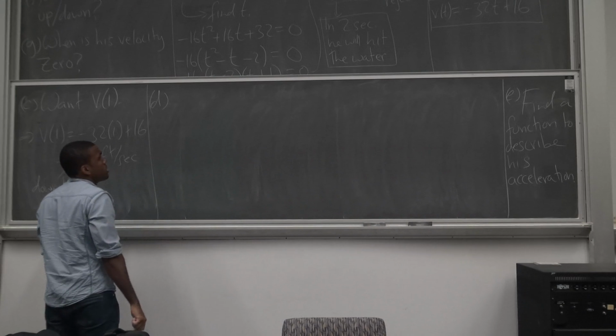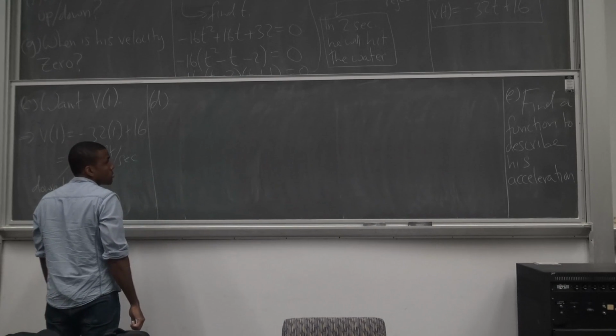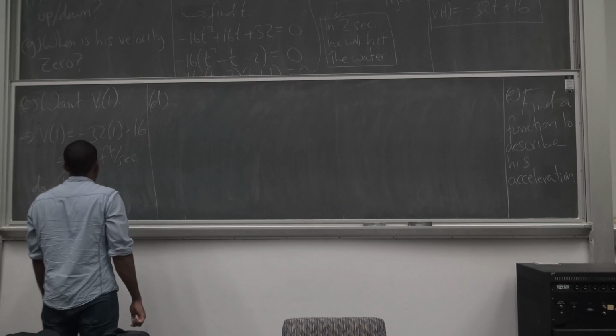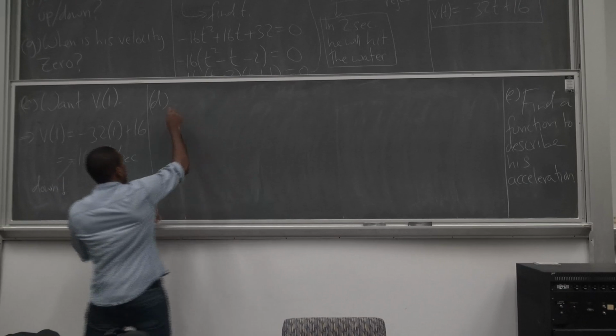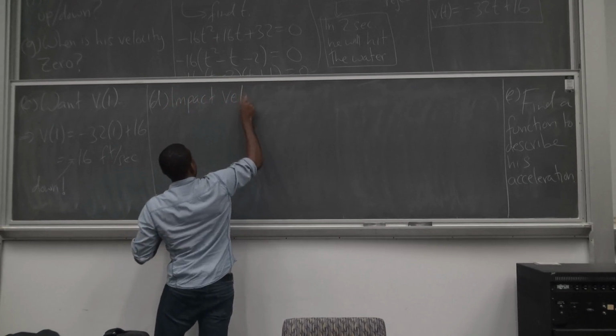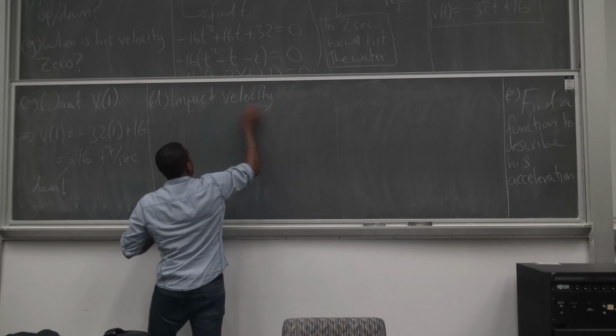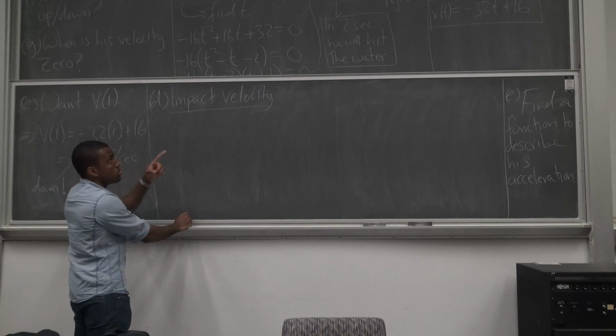Set what equal to 0? Why do we need the second derivative? No, it's not. Why would we plug in 0 in the first derivative?